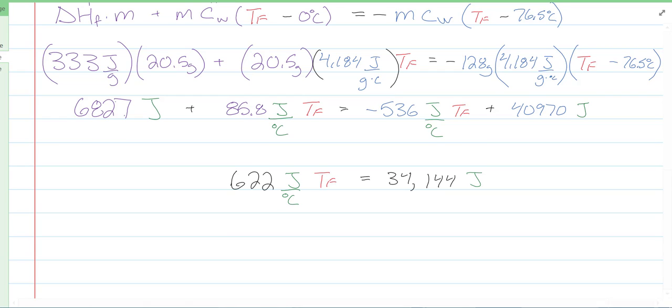Then we divide both sides by the 622 joules per degree Celsius. TF, I get 55 degrees Celsius. And that's one of the harder problems.